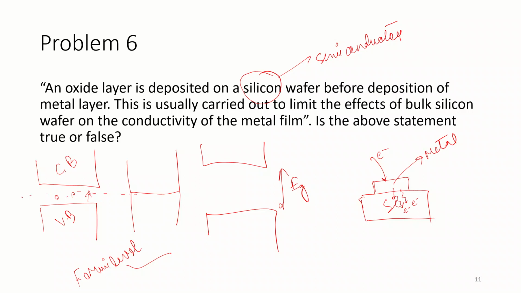So you won't get the full potential of the metal, or the full sensing you would like to get through the metal. Some signal would be lost due to the silicon. So what you do is add a passivating layer of some insulator, silicon dioxide. Then you won't get these losses, and all the electrons will move through your metal, so you won't lose the conductivity of the metal.